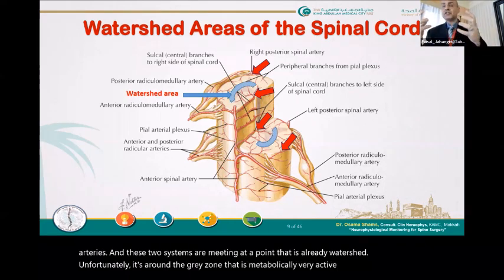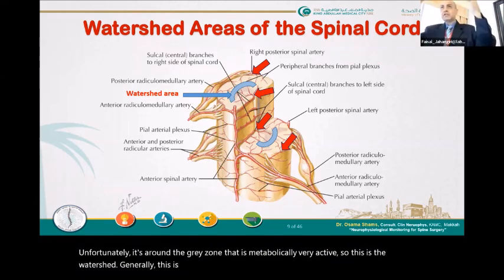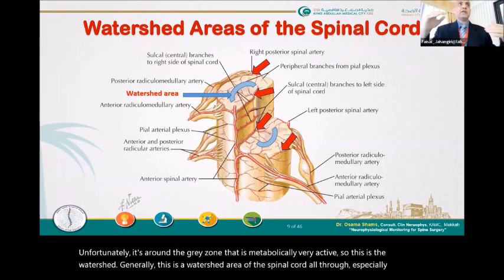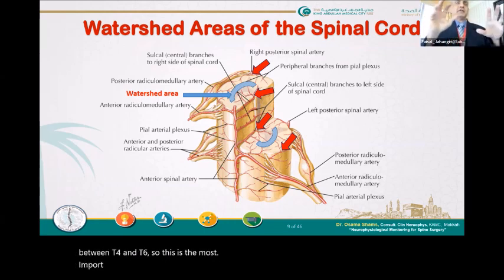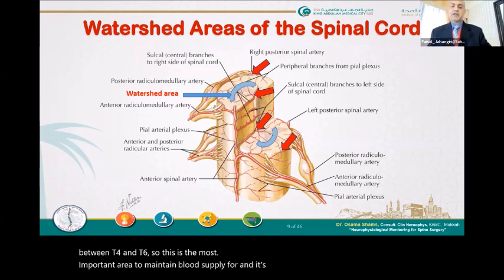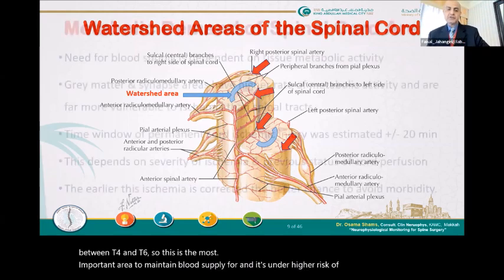So this is the watershed generally. This is a watershed area of the spinal cord all through, especially at the area between T4 and T6. So this is the most important area to maintain blood supply for, and it's under higher risk of ischemia in case there is.